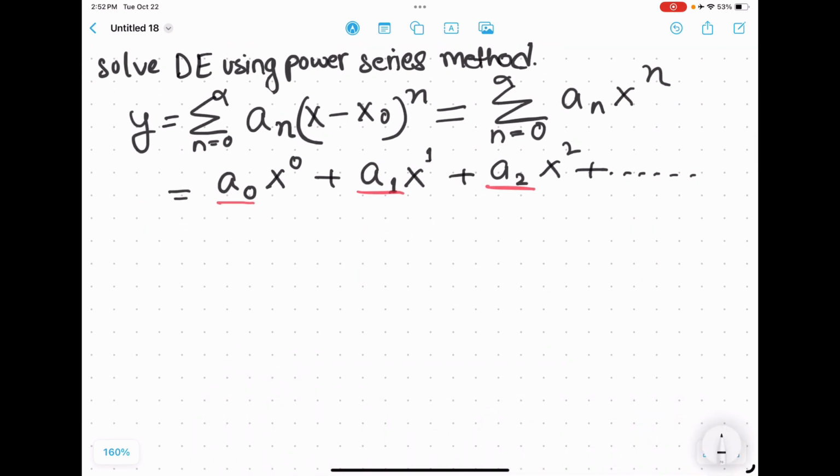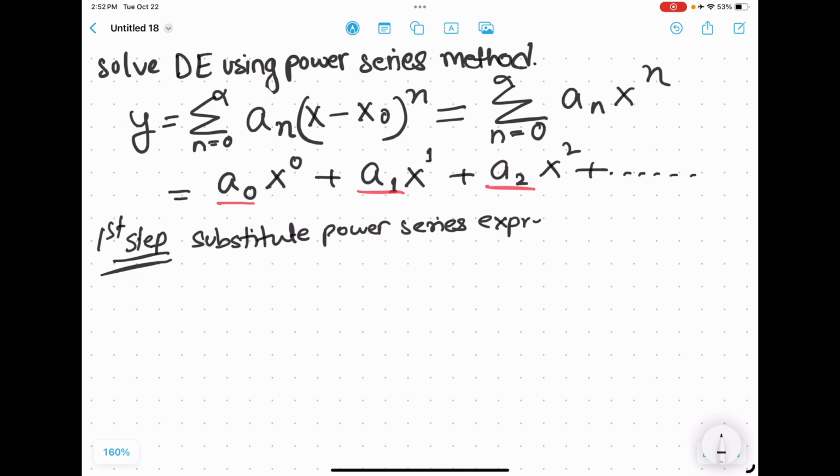Our first step was that we will have a certain power series, and then we will substitute our power series expression in our differential equation.